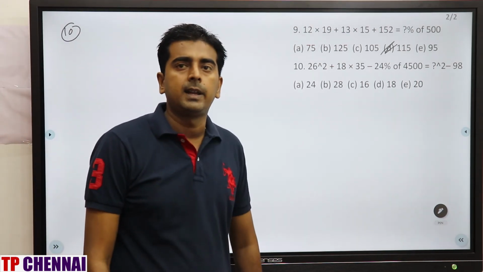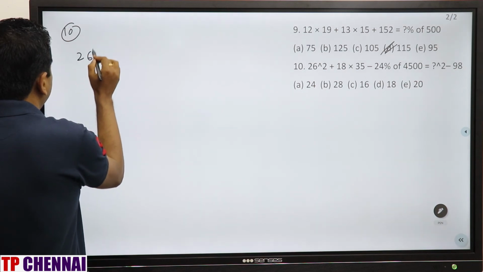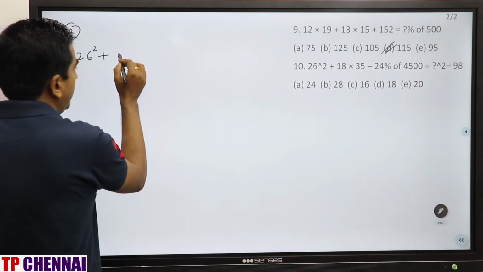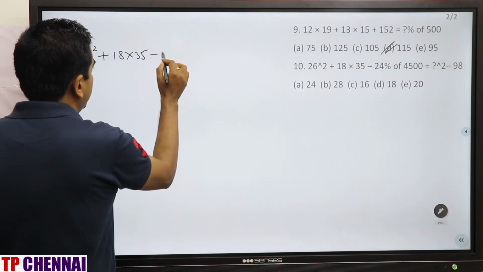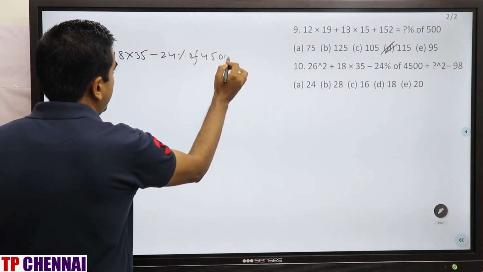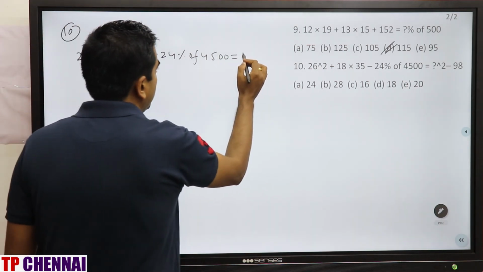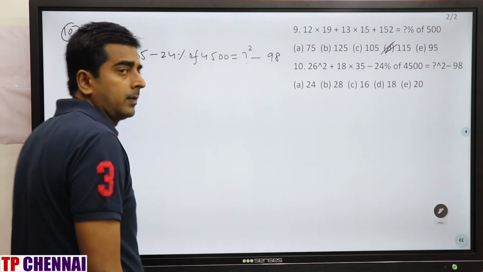Now we'll see question number 10. 26 square plus 18 into 35 minus 24% of 4500 is equal to question mark square minus 98.